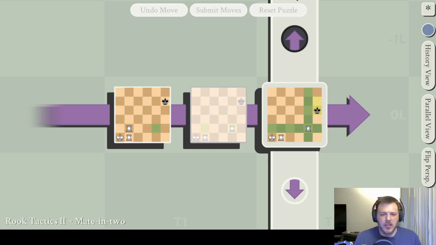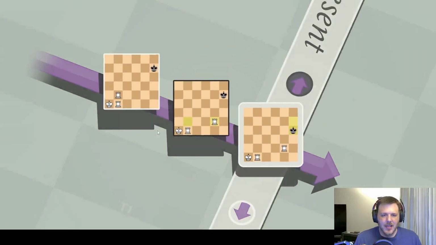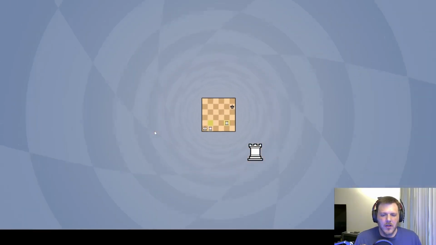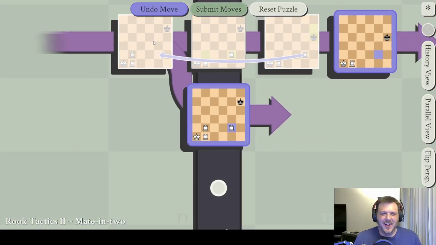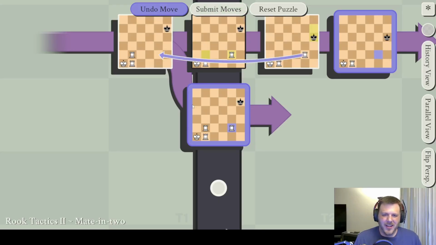But this rook could move back in time. And what would happen if we did? So it moved back to here and created this alternate timeline where it is now the king's turn. So you see the rook has gone from this board and now it's in this timeline.